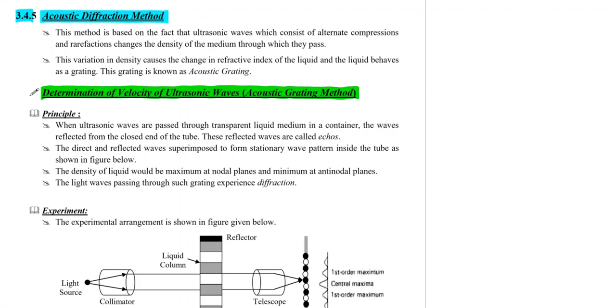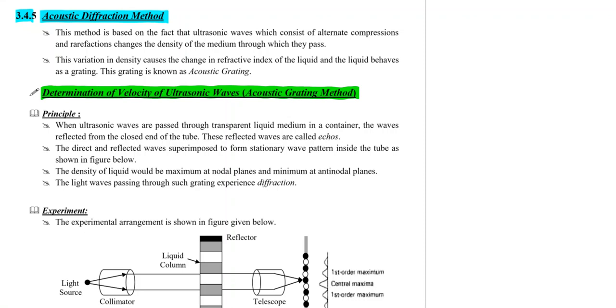They ask in the exam like this, or in GTU: with the help of the acoustic diffraction grating method, how can one determine the velocity of ultrasonic waves? Explain the technique.